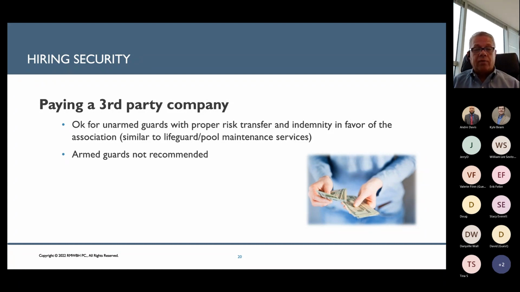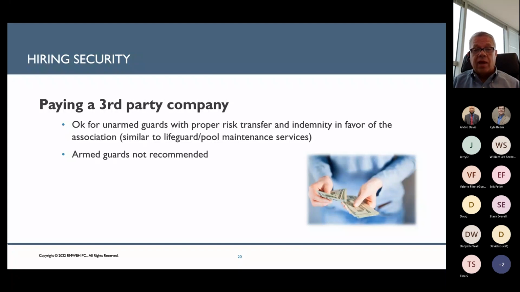And sometimes boards are surprised to find that we really want them to have the same insurance as a larger vendor, maybe not in the amounts of coverage, but we still want that mom and pop to have $1 million in general liability, at least $1 million in umbrella, commercial automobile liability insurance, and workers' compensation.